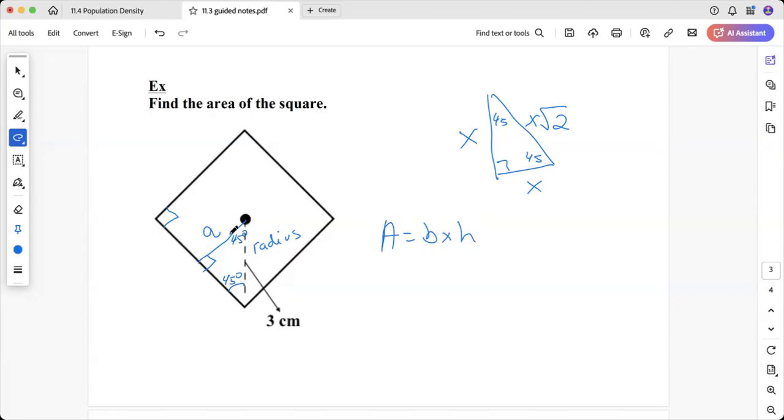Before we do that, let's find what this part right here is. So if the radius is 3, then I have to take 3 square root of 2 divided by 2.